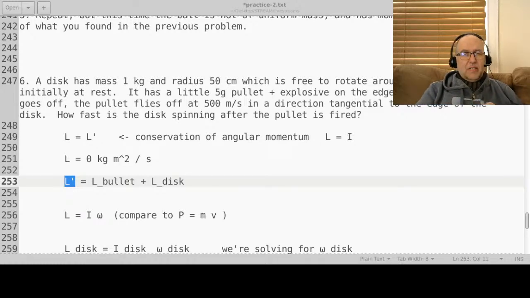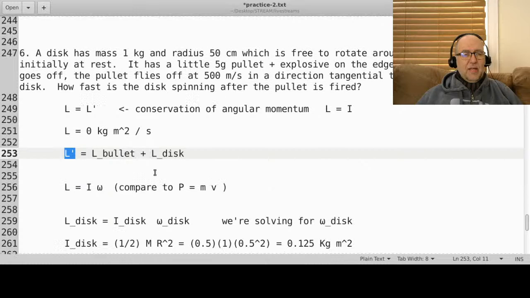Now, the angular momentum of the disk spinning is kind of easy, because you could say, oh, well, the disk has a moment of inertia and it's got some angular velocity, so it's going to have an angular momentum. But the bullet is moving in a straight line. So how do you think about the angular momentum for that one? Well, let's look at the disk first because that's easiest. So the total angular momentum is the angular momentum of the bullet and the disk.